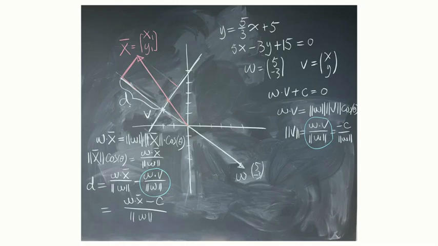So this D, the distance between this point and a line defined by W, can be given by the dot product W·V plus c. C is a constant, also used to define the line. So the line will be defined by W and a constant number C.